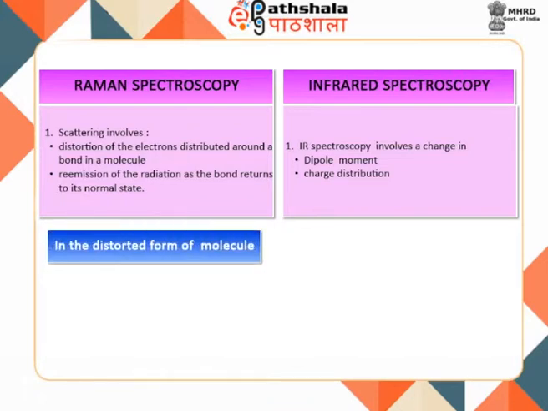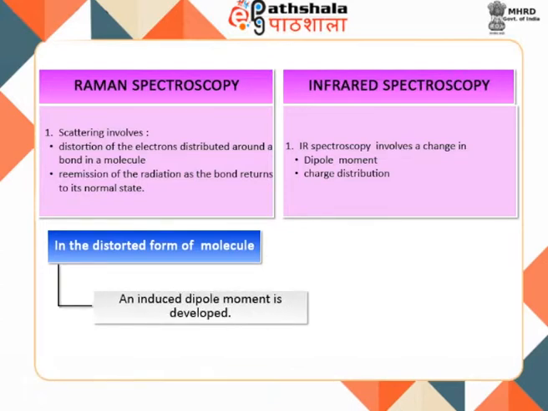In its distorted form, the molecule is temporarily polarized. That is, it develops momentarily an induced dipole that disappears upon relaxation and re-emission. The Raman activity of a given vibrational mode may differ markedly from its infrared activity. A vibration is active if it has a change in polarizability, alpha. Polarizability is the case of distortion of a bond.